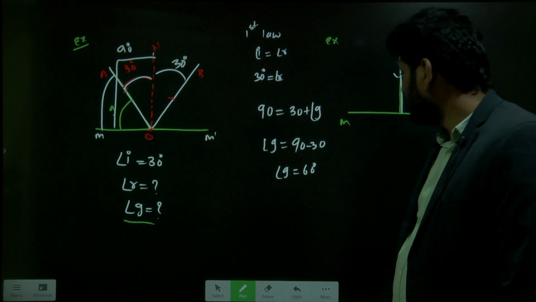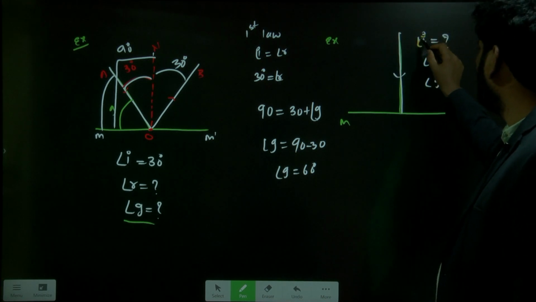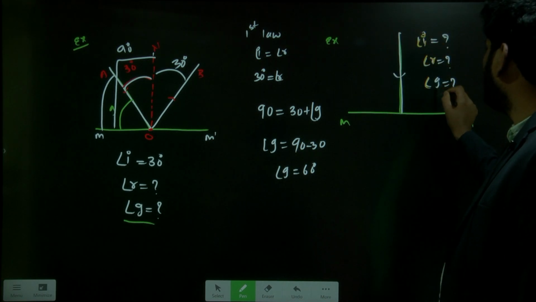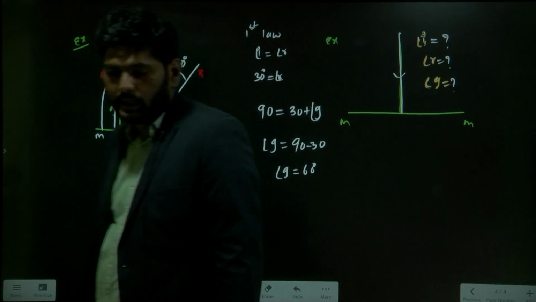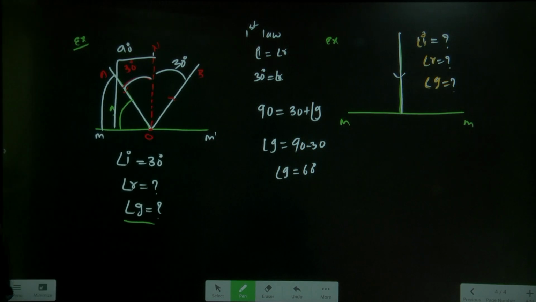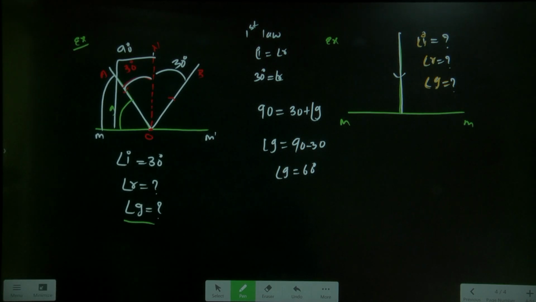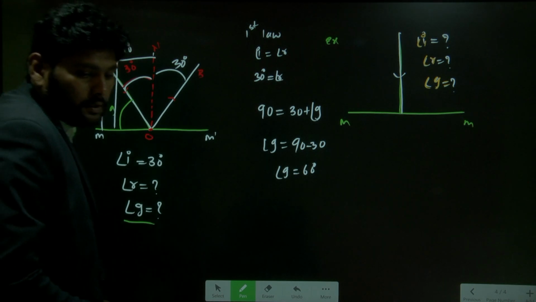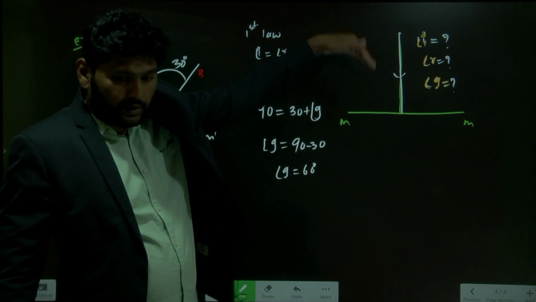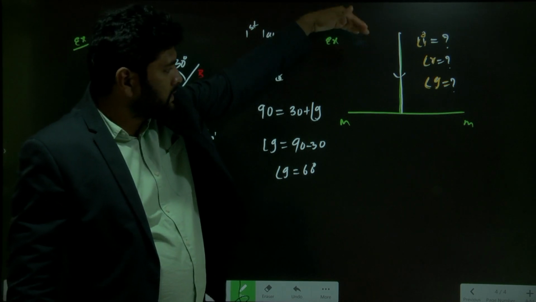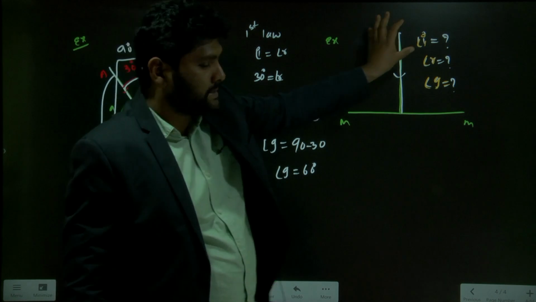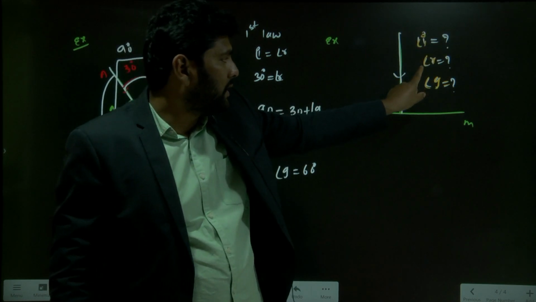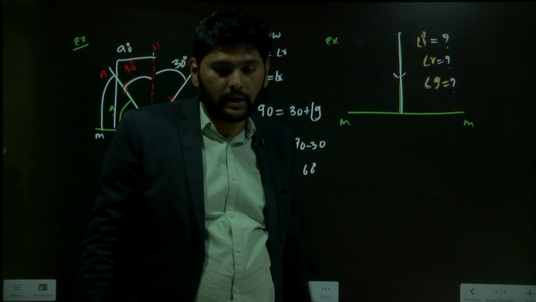How has the light ray been incident here? The light ray is incident normally, along the normal. So when it is incident along the normal, what is the angle of incidence, the reflected angle, and the glancing angle here? Tell me.